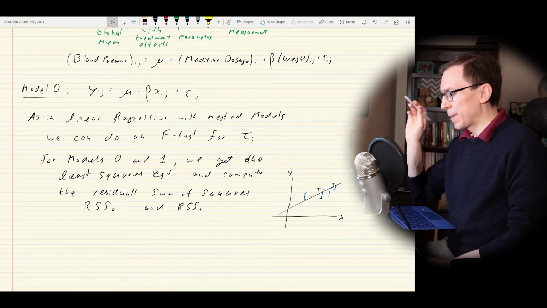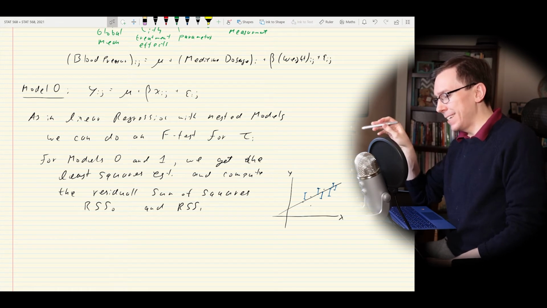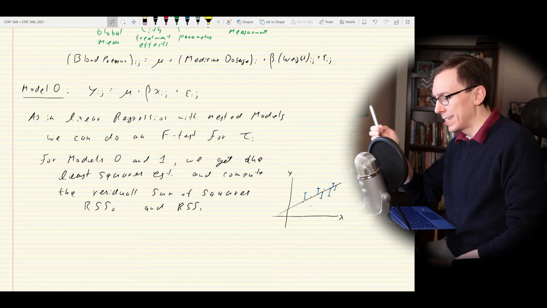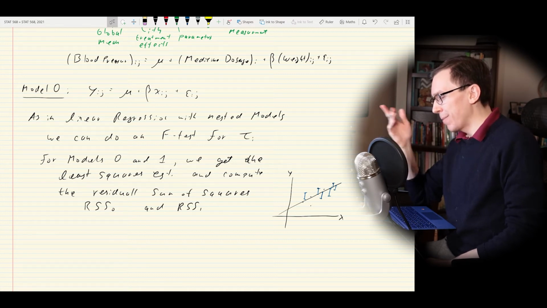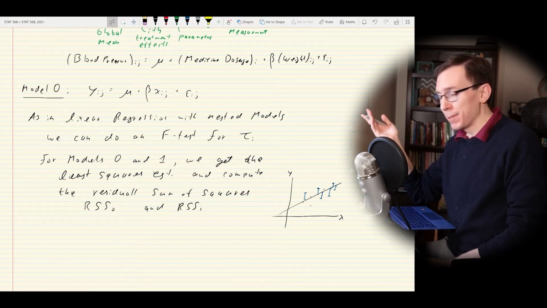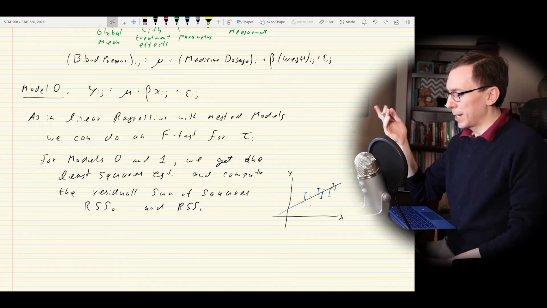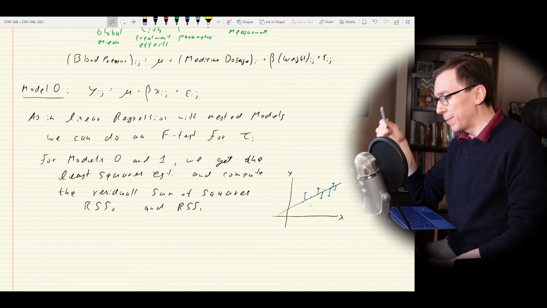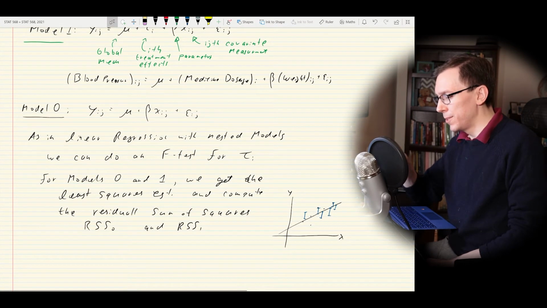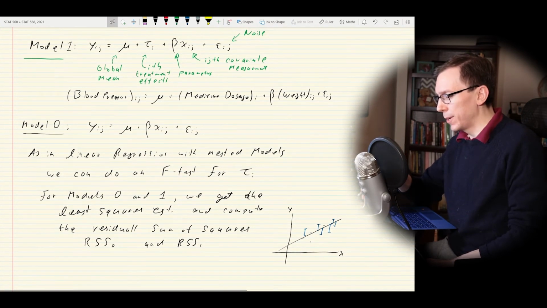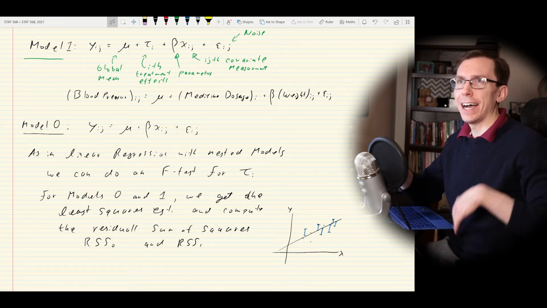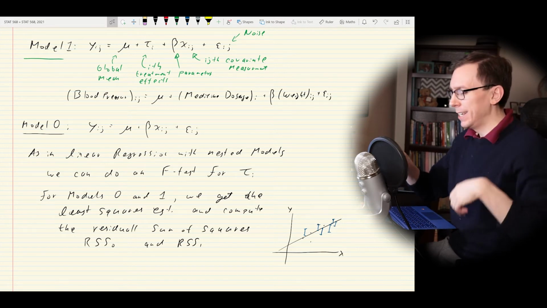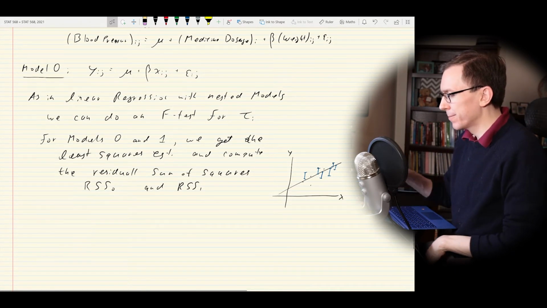But assuming that you've already seen simple linear regression, simple in the sense that we just have a single variable x and y, then what we do is we compute the least squares estimator, we compute the residual sum of squares, and we can do that for both model 0 and model 1. With the tau I effectively shifting the line up and down, they're changing the intercept of our linear regression model.